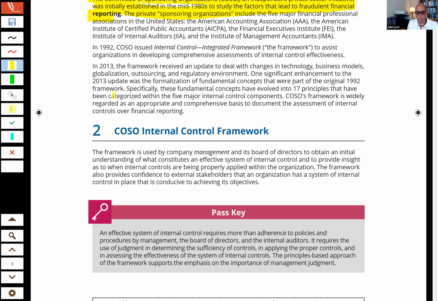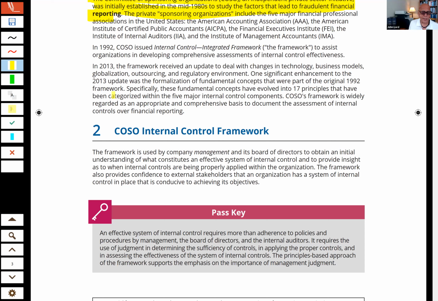The objectives of the business are compliance objectives, operating objectives, and then, as auditors who also use this, reporting objectives. Financial reporting objectives would be the major thing we would focus on.